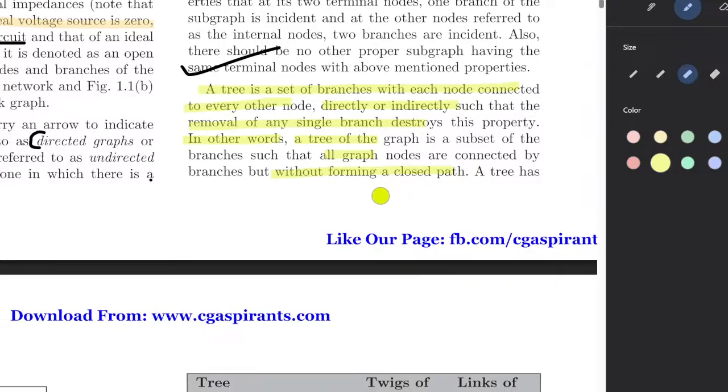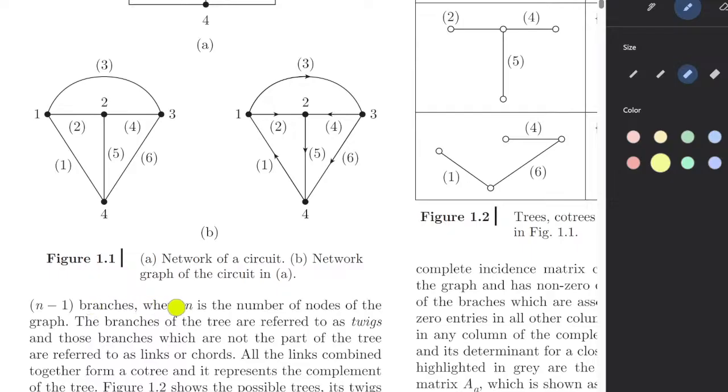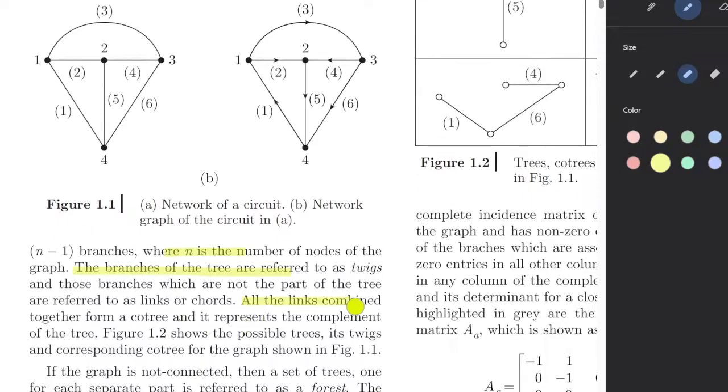A tree has n minus 1 branches, where n is the number of nodes, and the branches of a tree are referred to as twigs. The remaining branches are the links. If a graph is not connected, then the set of trees is referred to as a forest.